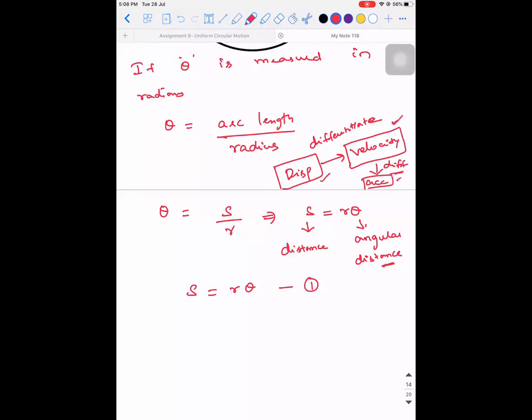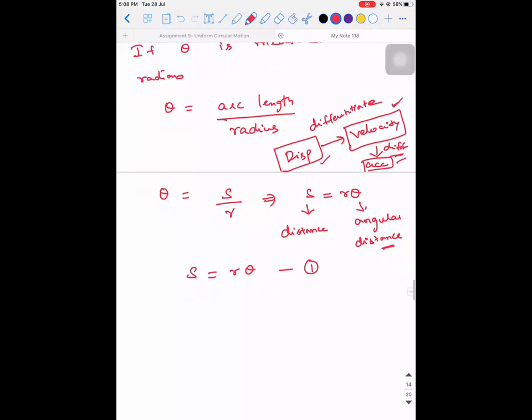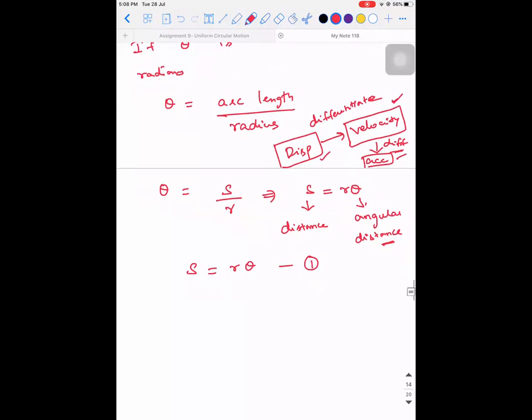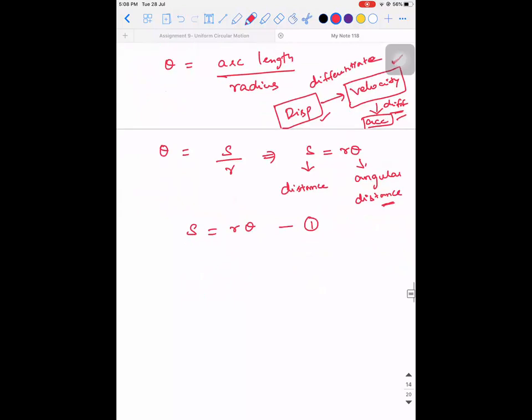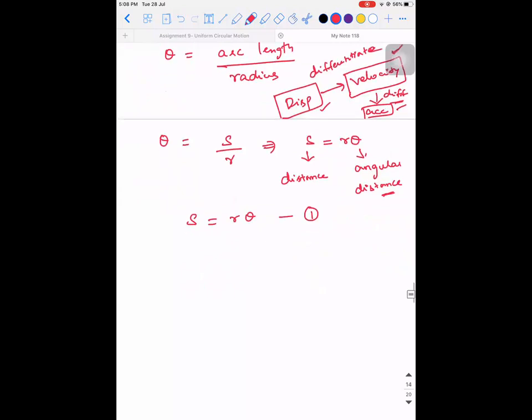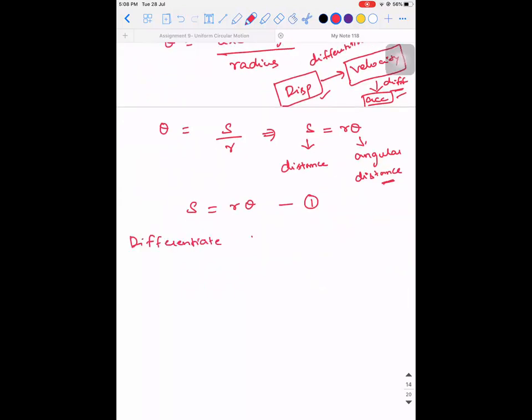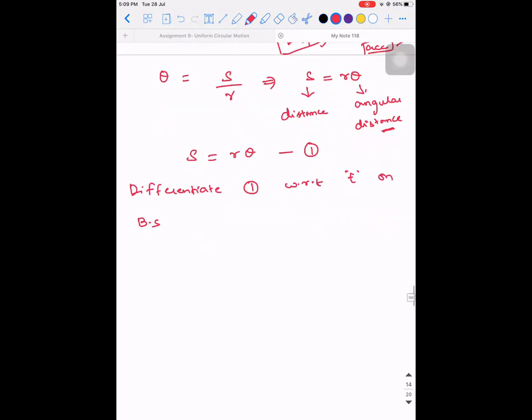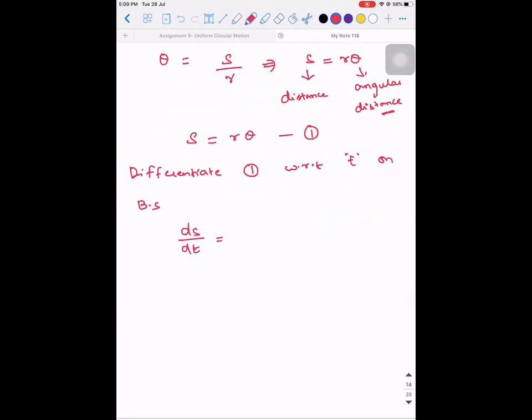So instead of displacement, you can replace it with distance. Now, if I differentiate with respect to time on both sides, what do I get? ds by dt is equal to R, a constant because it is the radius of the circle, into d theta by dt.